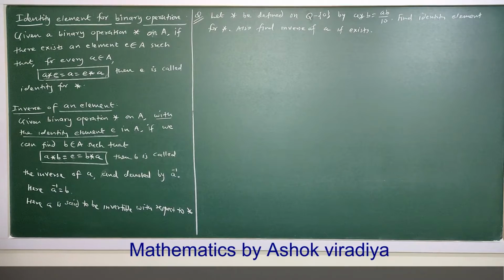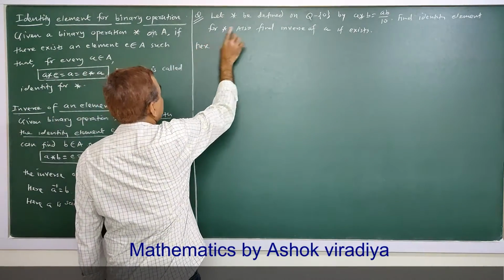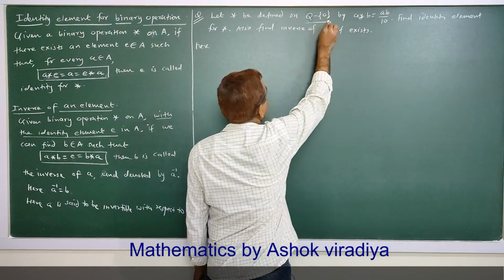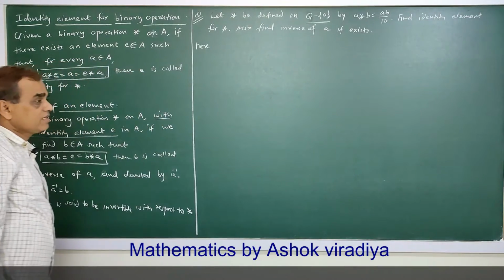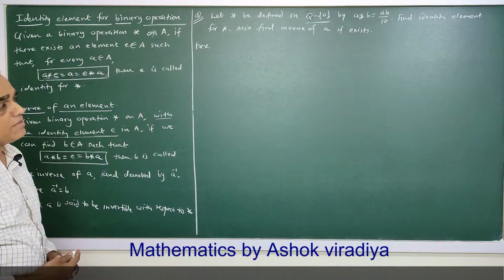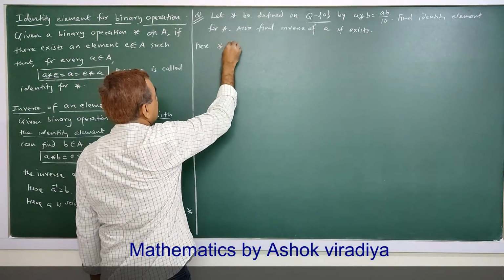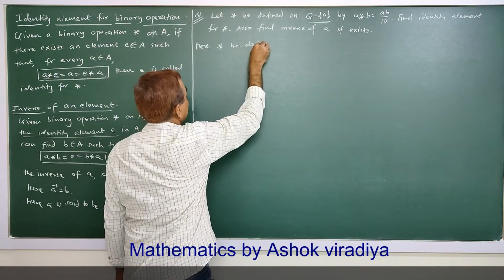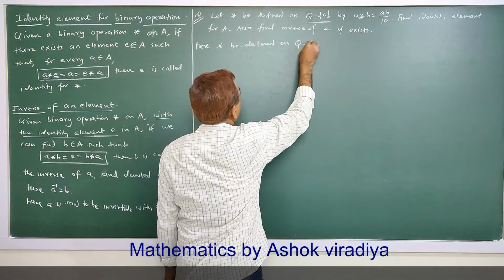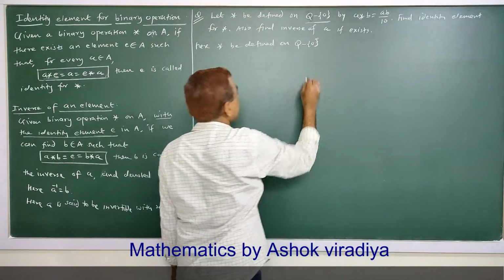Now here, say star is defined. This binary operation is defined on the set Q except 0, the set of all rational numbers except 0.